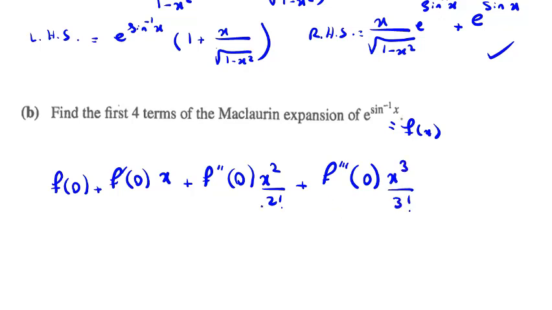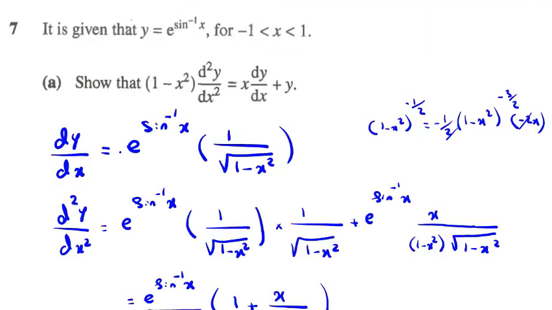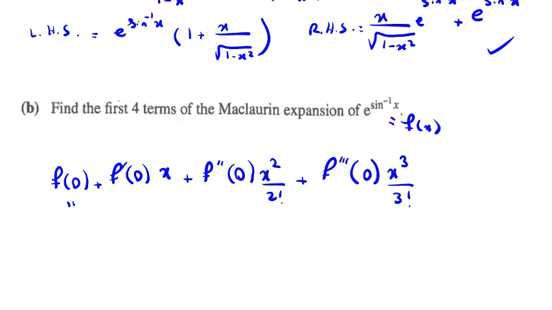So let's consider, we know the first one. f of 0 is what? If you replace x with 0, e to the power of 0 is 1. So it is 1.